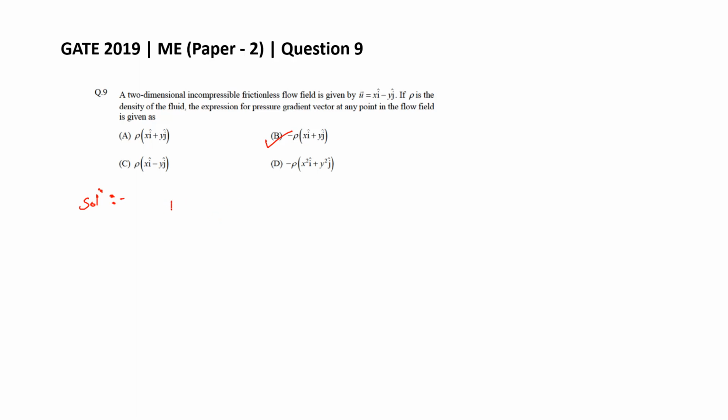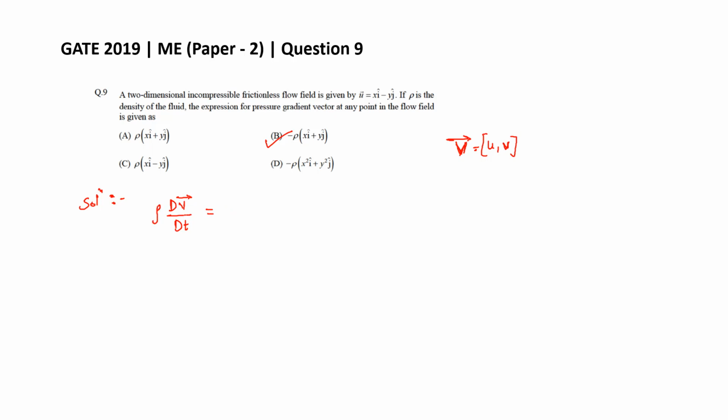So this is our Euler's equation in two dimensions now. So okay, this velocity vector is u comma v, and this is capital V, just to not confuse it with the scalar velocity v.